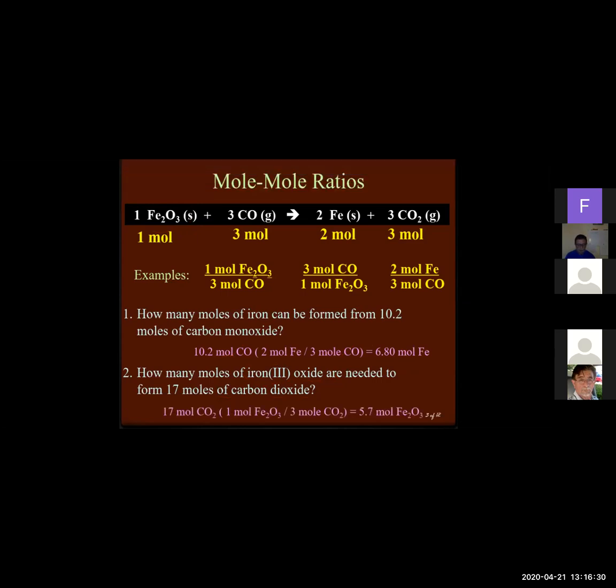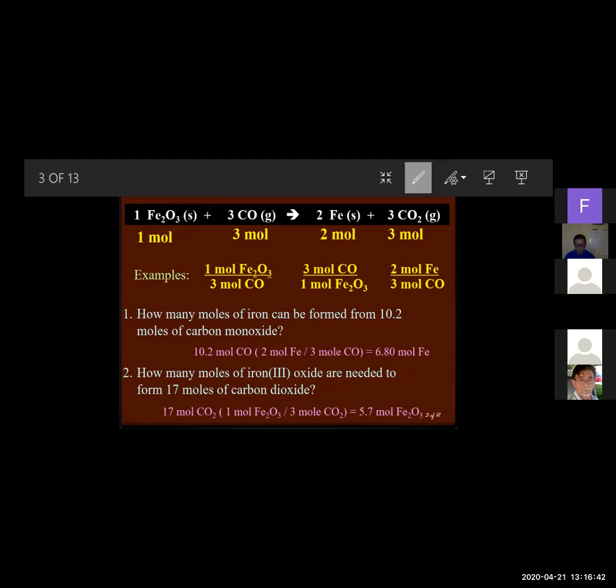Let me erase all that mess so we can see the setup. And so you can see here that we got 17 moles of carbon dioxide. That ratio is a 1 to 3 between iron 3 oxide and carbon dioxide. Our carbon dioxide cancels out unit-wise, leaving us with iron 3 oxide in the numerator.